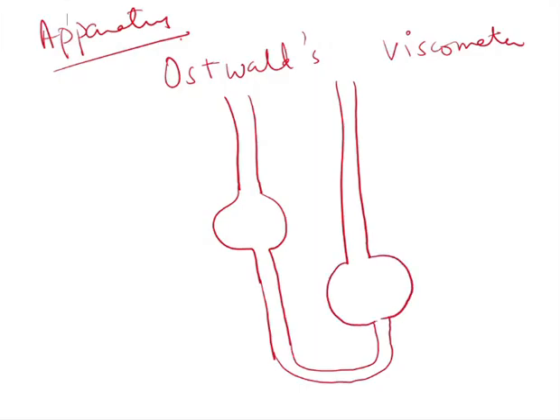So this is a bigger size bulb. This is a larger bulb, the bigger bulb, and this is the smaller one. So here is the capillary.